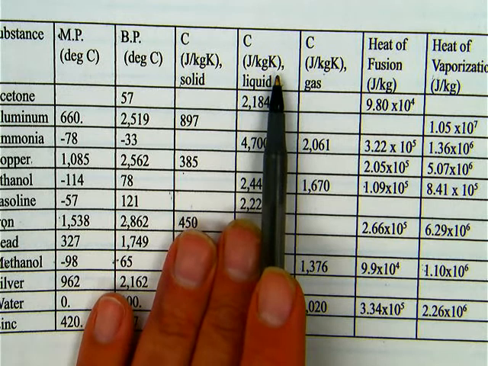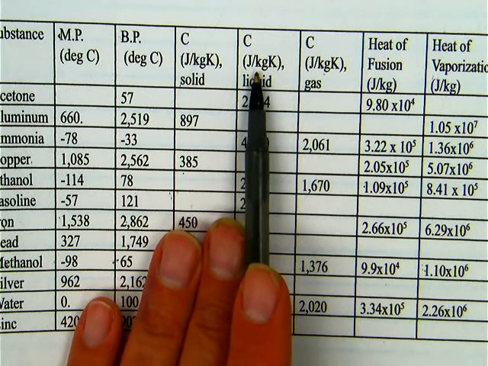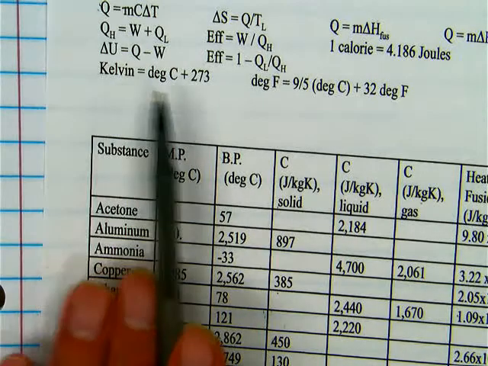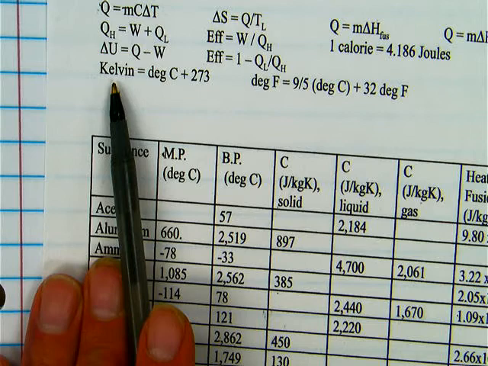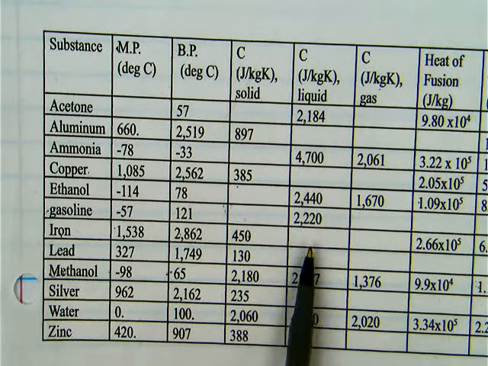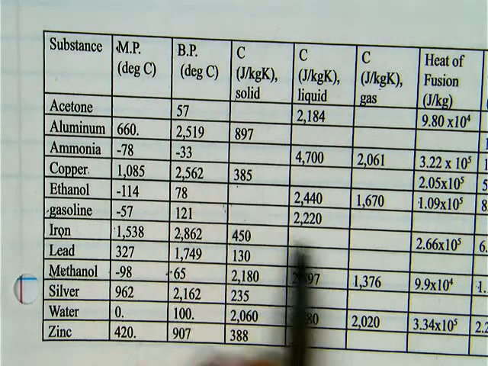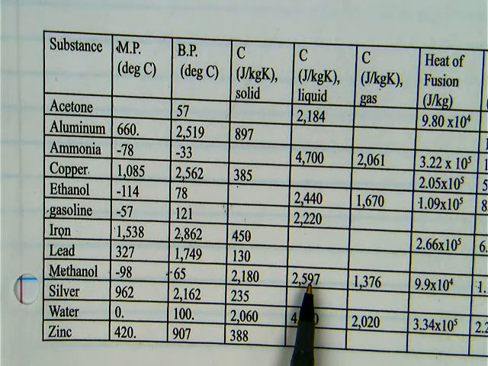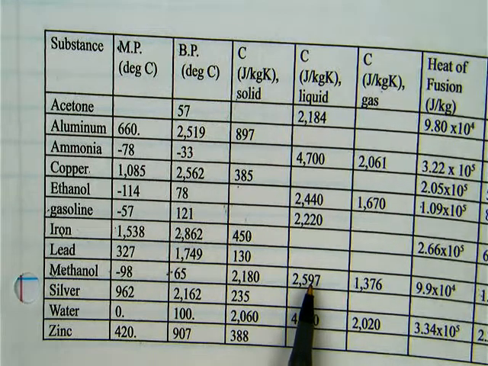So the conversion is, since there are 1,000 grams in 1 kilogram, and since a change of 1 degree C is equivalent to a change of 1 Kelvin, we should divide the numbers on this table by 1,000 to get them into the units that we're using this school year.